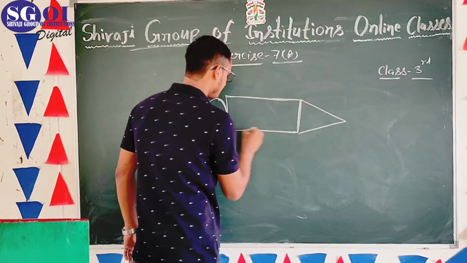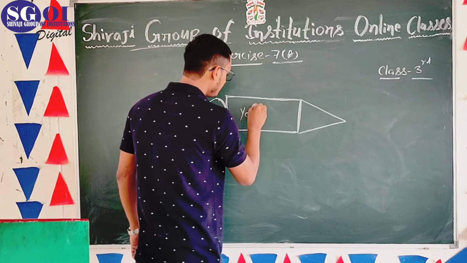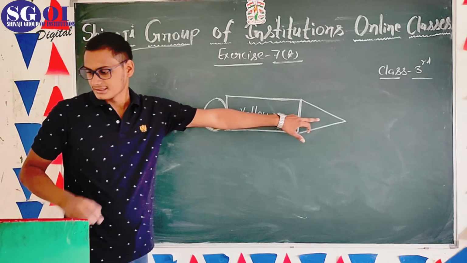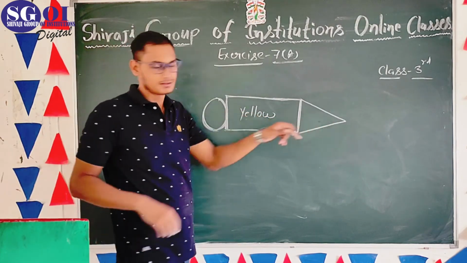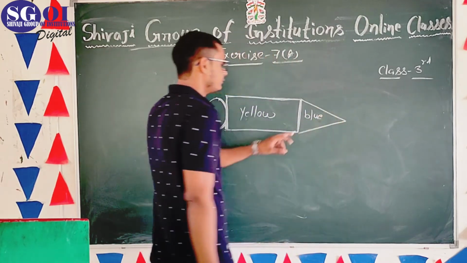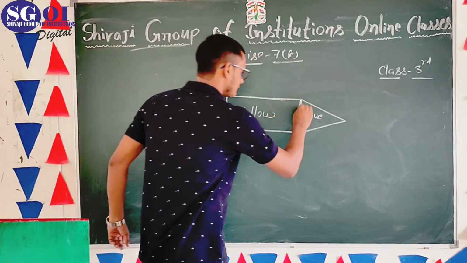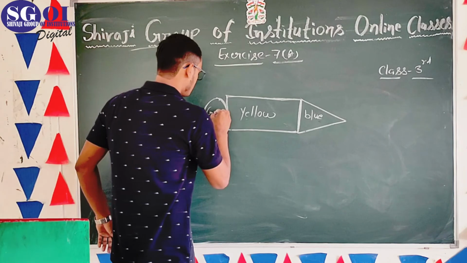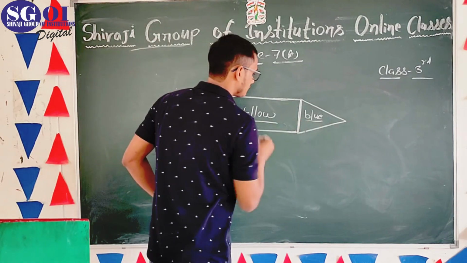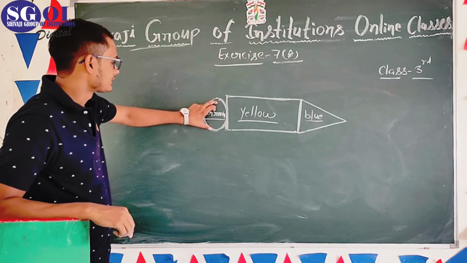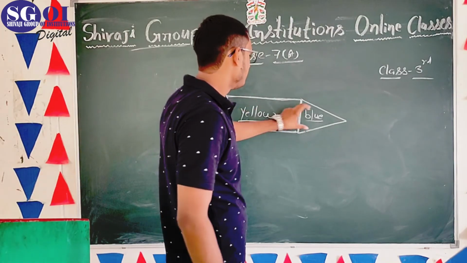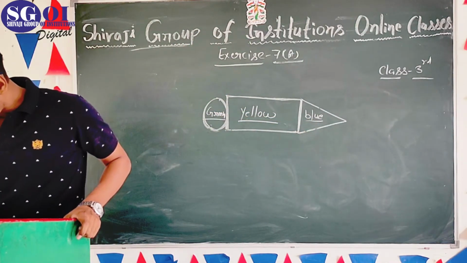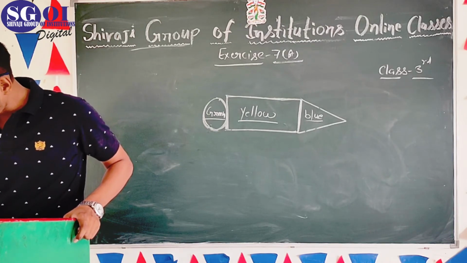This is a rectangle shape, and we color it with yellow. This is a triangle, and the triangle is colored blue. And the circle is green. Okay, understood? So color all the remaining shapes.